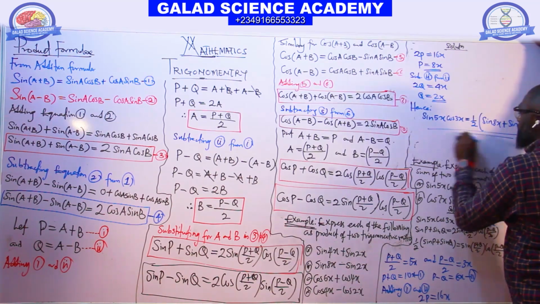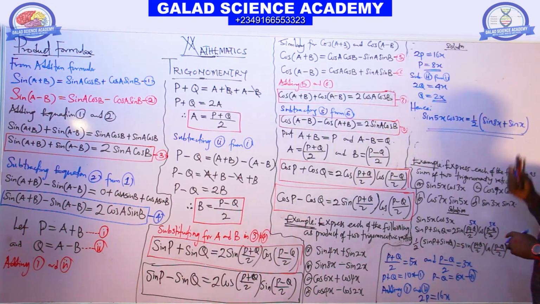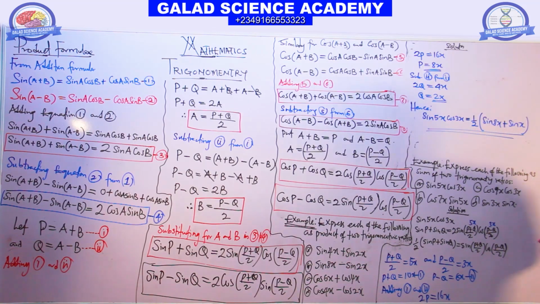So this will be the addition of two trigonometry ratios. Apply the same principle to solve the remaining one.